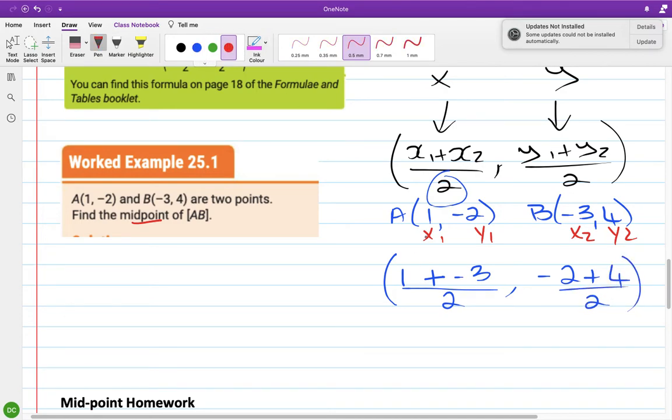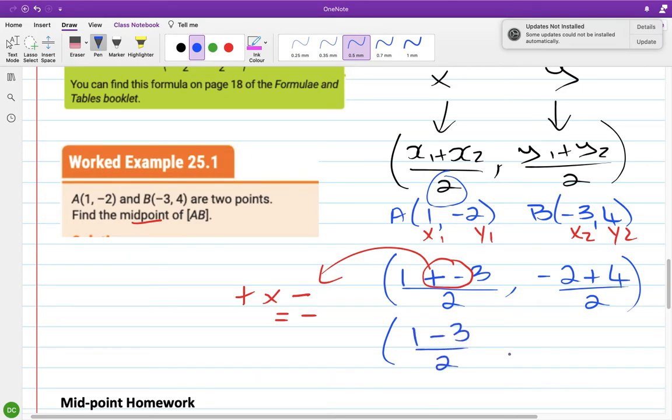Now here we have what was happening the last time. We have this double sign thing. That is a plus multiplied by a minus, and when the signs are different, you get a minus. So this will change to 1 minus 3 over 2.